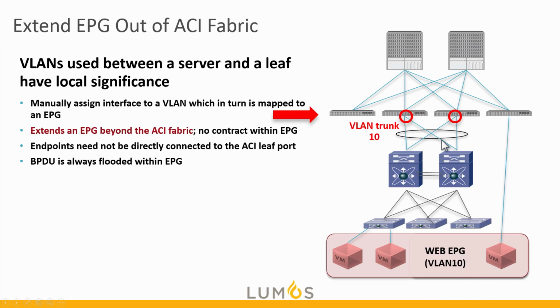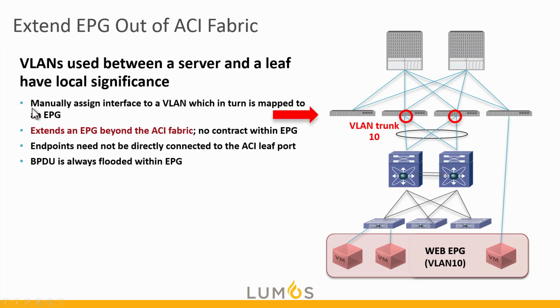So .1q tagging, this essentially creates a trunk and allows that VLAN, but it also classifies as any traffic comes in from the external network to these leaf switches via these VPC interfaces tagged as VLAN 10, then it's going to be associated to this web EPG, and it essentially extends this EPG outside of the fabric.